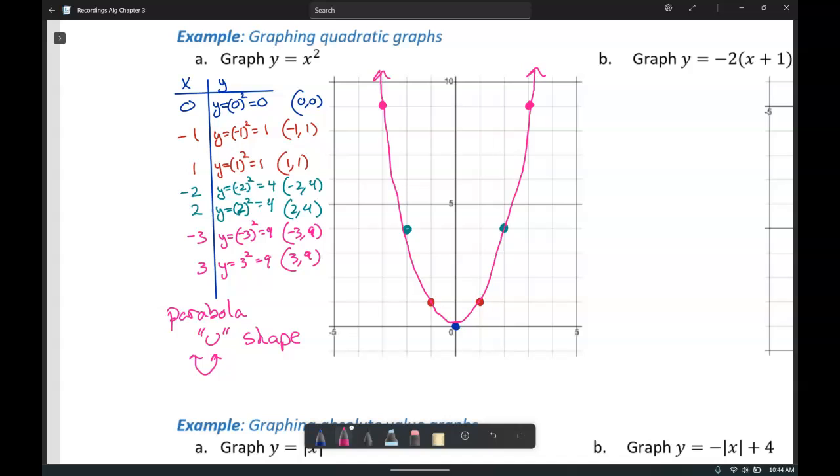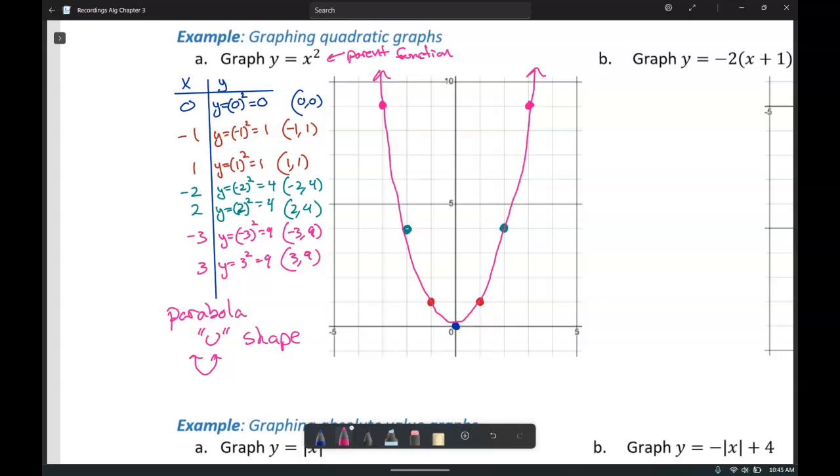Now, we call this a parent function. Parent function, and we'll talk more about functions coming up soon. We call this a parent function because all graphs of quadratics have this same U shape. This is the most basic version of a quadratic, and then anything that changes to that is going to be a similar shape in a new location on our coordinate grid.